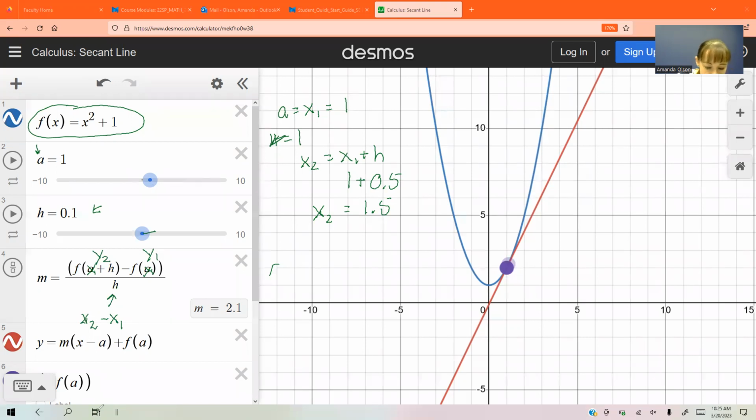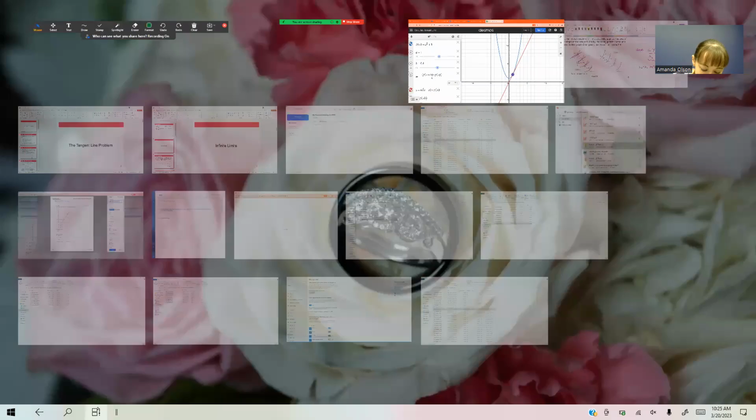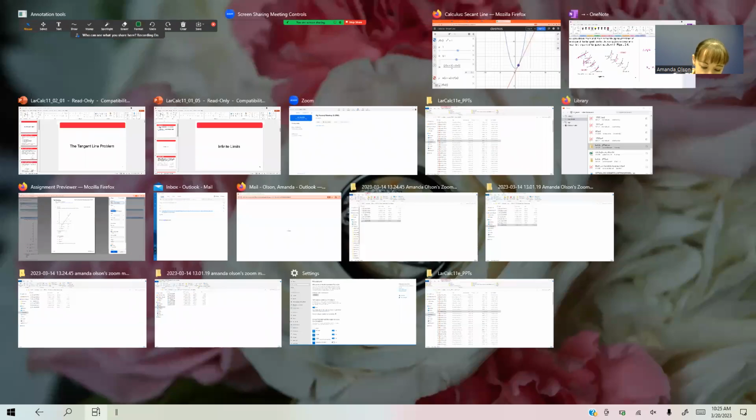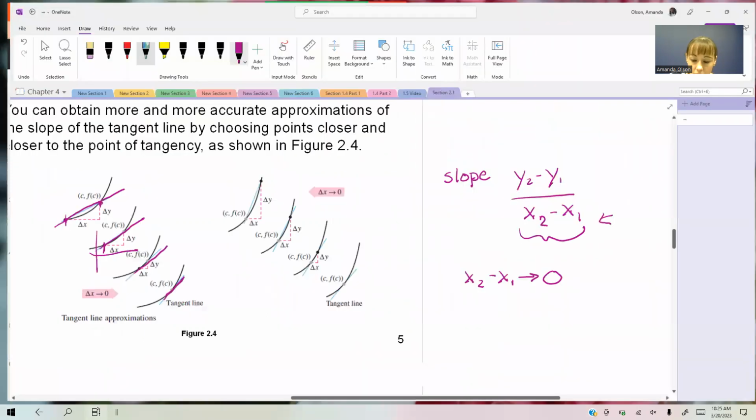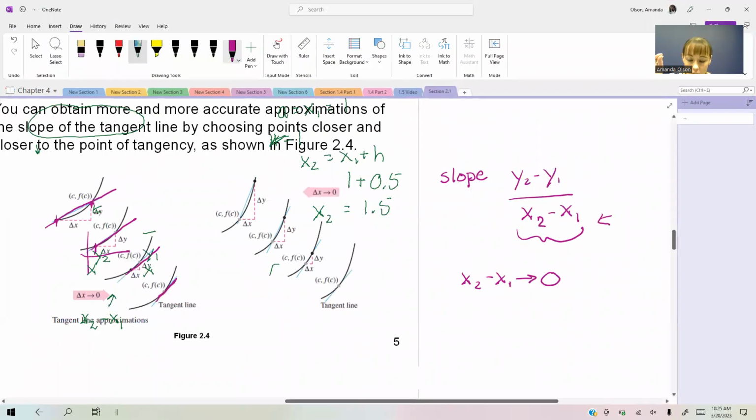Well, in calculus, if we can't actually evaluate something, if we're working with a function where a point is undefined, in this case we can't have that H be 0, but we want to know what happens if H was 0. In calculus, what we do is we use limits. So we can't look at H being exactly 0, but we can talk about what happens as H gets smaller and smaller.